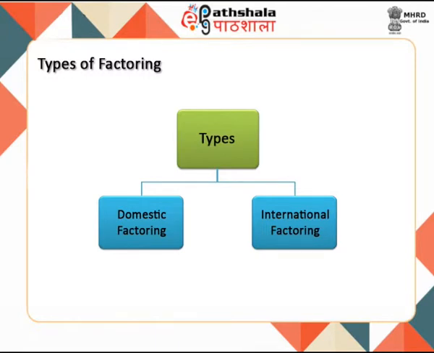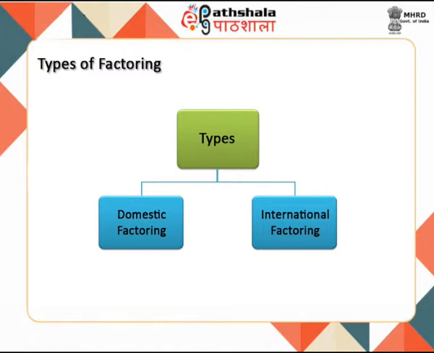When the factoring arrangement is between exporters and importers, it is known as international factoring. In this type, the client is the exporter, the customer is the importer, and the factor may be an export factor, that is, a factor from the exporter's country, and an import factor, that is, a factor from the importer's country.